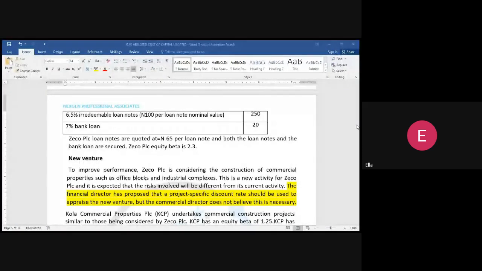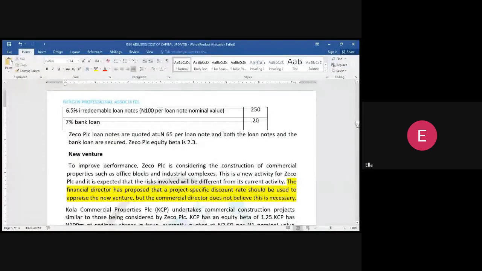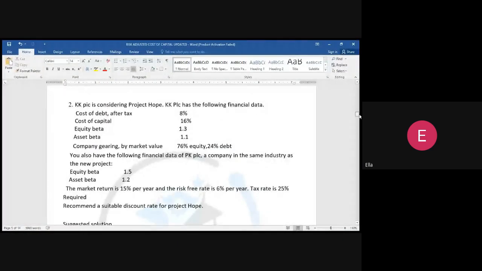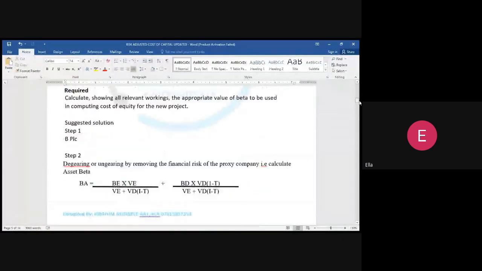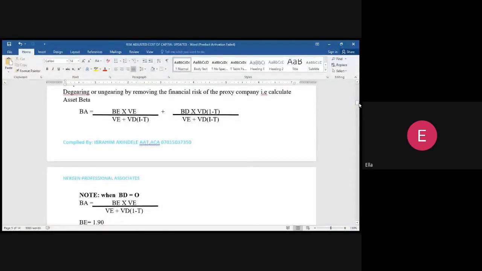You gave us this plus sign, and I wanted to clarify that the plus sign is not supposed to join them, since they are two different formulas. I believe when some people visit the video they would mistake it to be one formula, not knowing that one formula works when beta debt is zero and the other works when it's not zero.